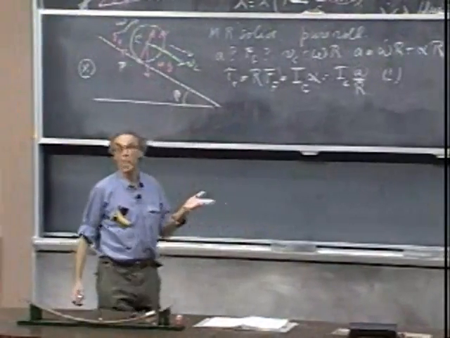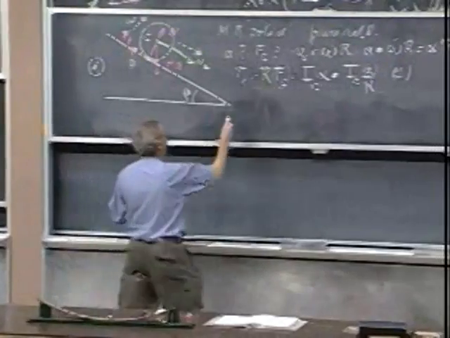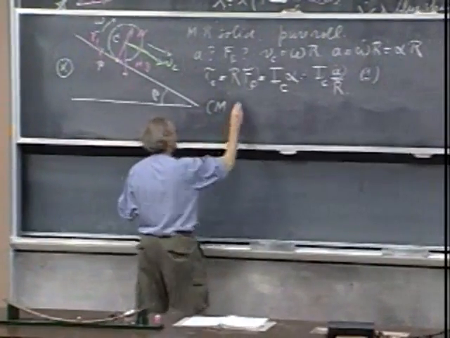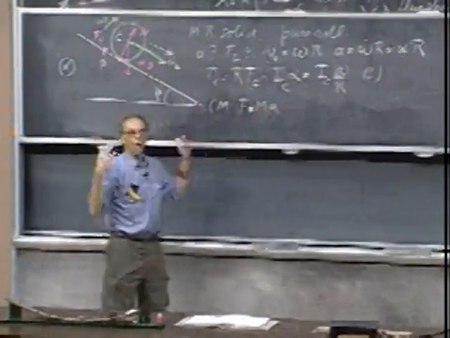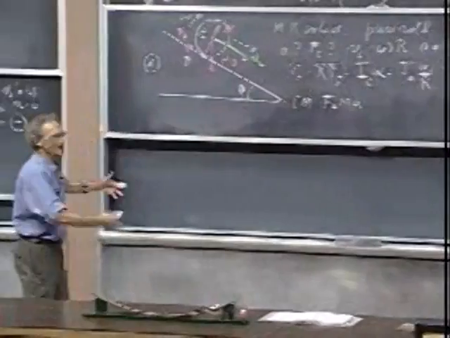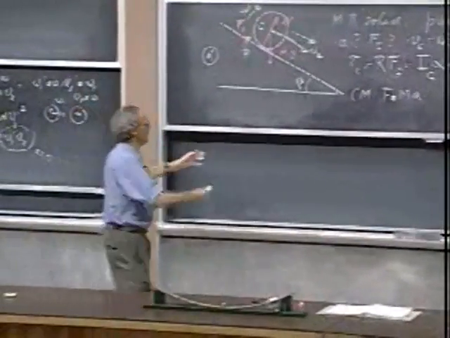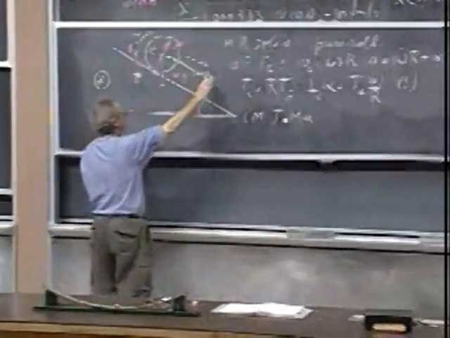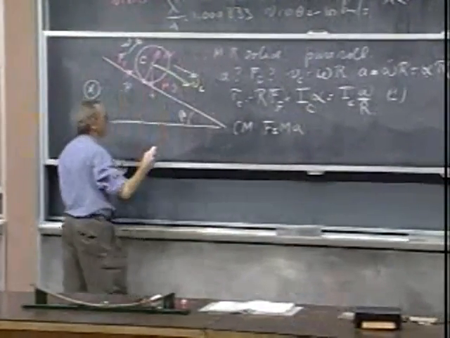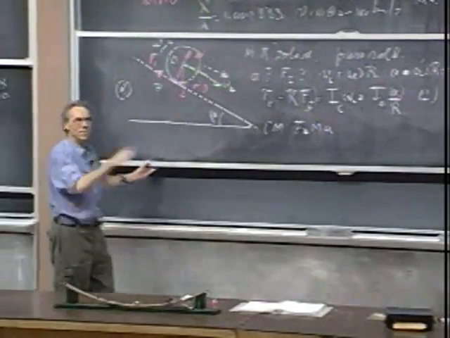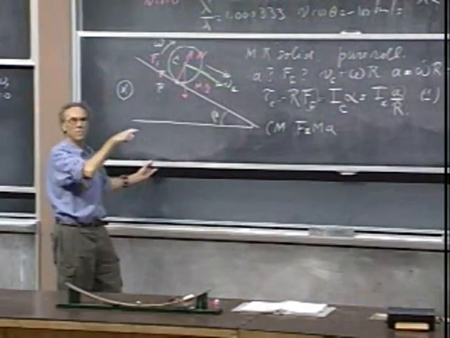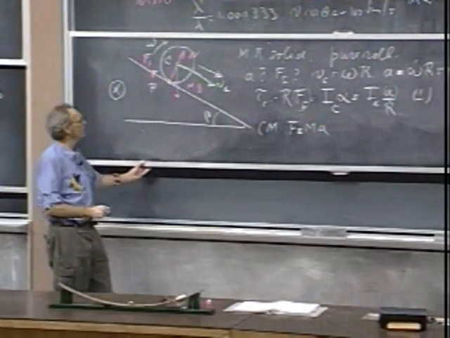Newton's second law always holds. For the center of mass, it must always hold that F equals ma. So all I do now is go to the center of mass and ask what are the forces acting down the slope. I'm not interested in the ones perpendicular to the slope, only the ones down the slope. That must be ma. That's non-negotiable, because that is the characteristic of the center of mass.